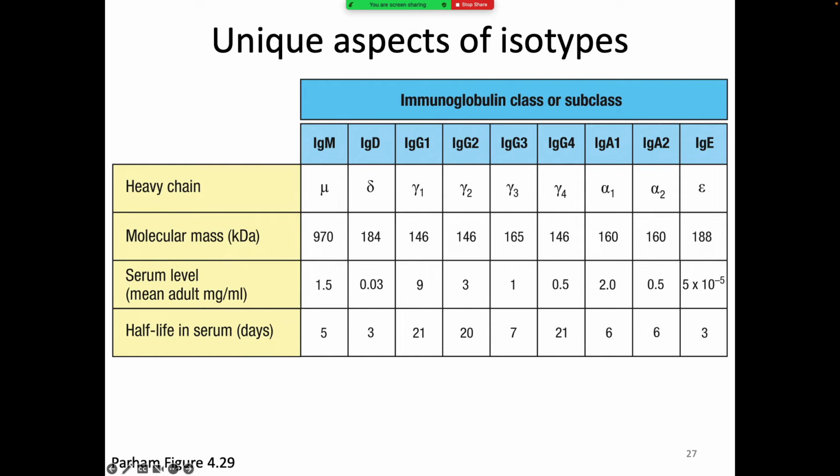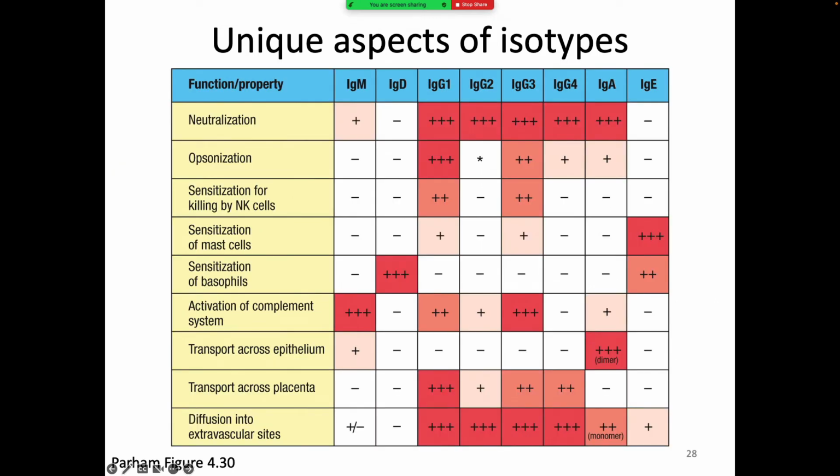You can see that the half-life, how long the antibody lasts in the blood, differs a lot for different isotypes. And you can see that the specific functions that these isotypes are good at will vary a bunch among the different isotypes.